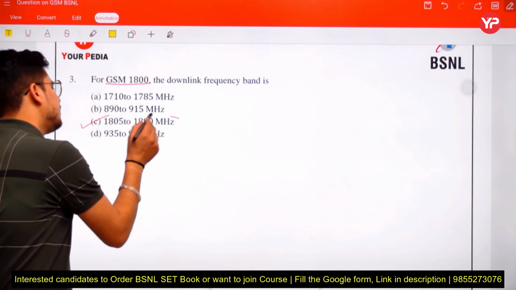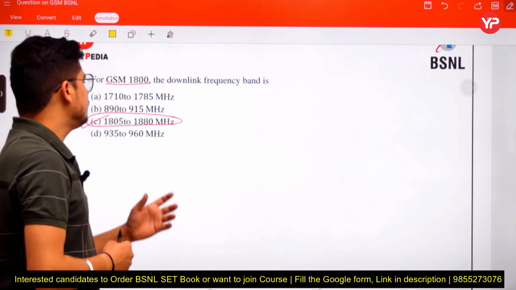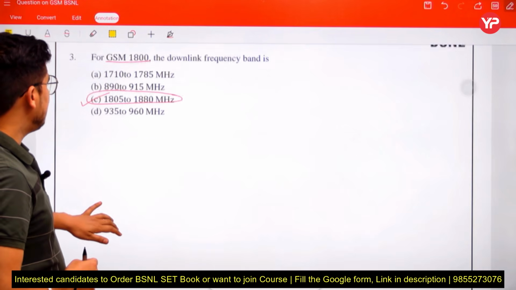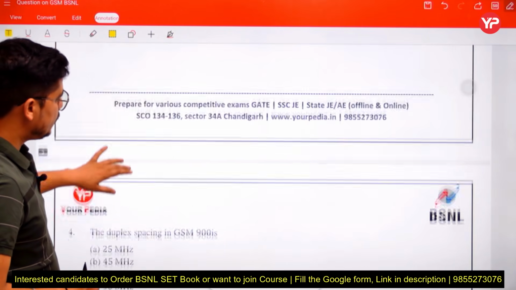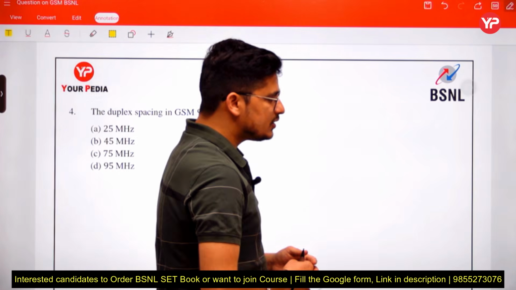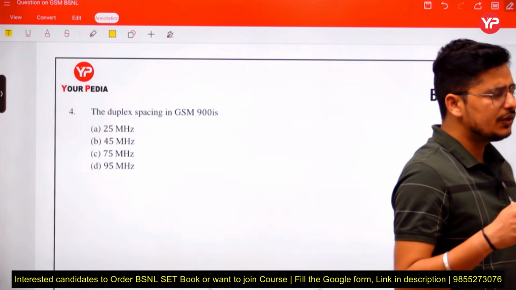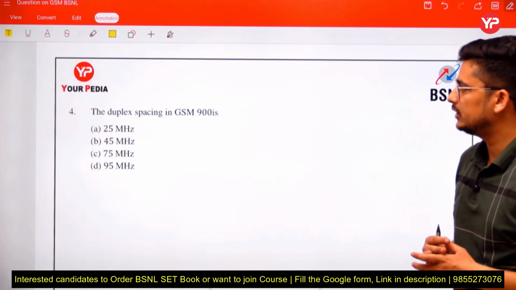So this is the frequency which will be used for downlink in your GSM 1800 band. This is important. You have to go through both GSM 900 and GSM 1800. I already discussed that structure, everything about it, in detail.